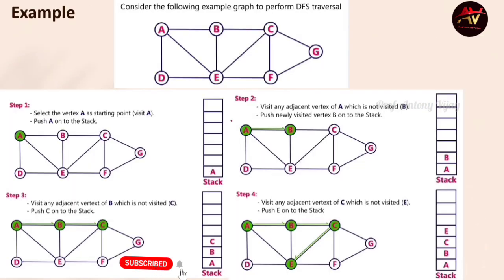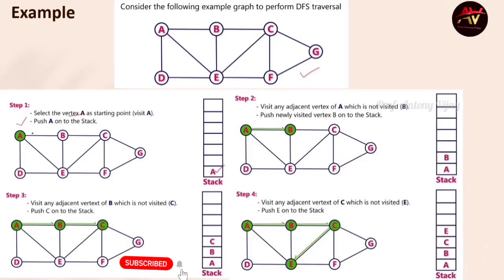In this diagram we have 8 vertices: A, B, C, D, E, F, G, H. I start with the vertex A. Here A is the starting vertex. We can choose any vertex as a starting vertex, but here I am taking A. Once we have visited A, we push it into the stack.